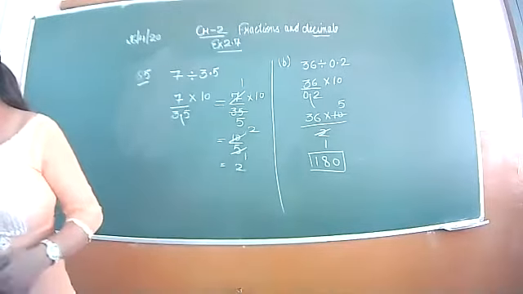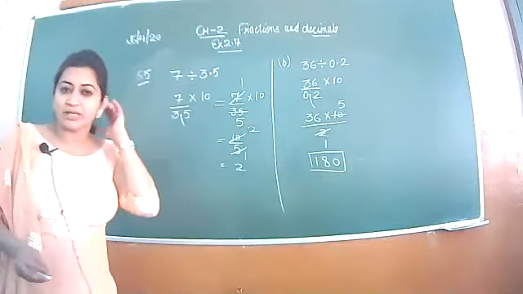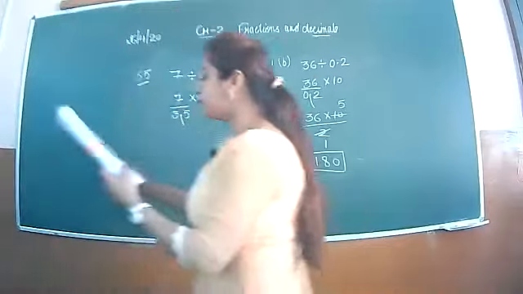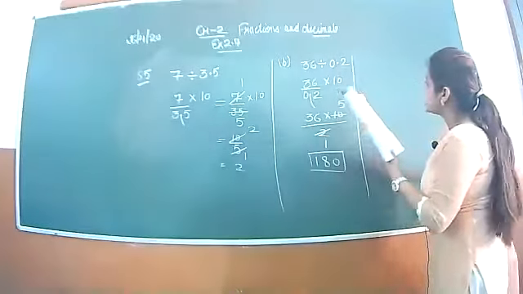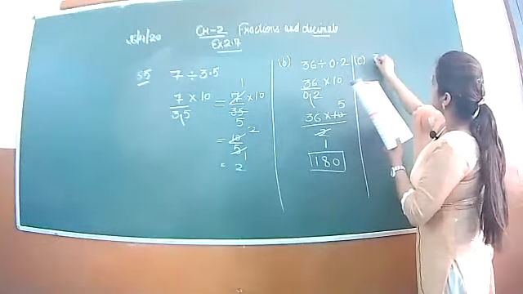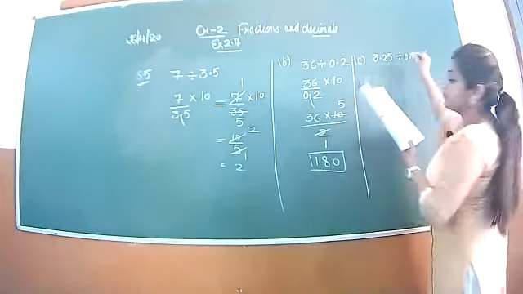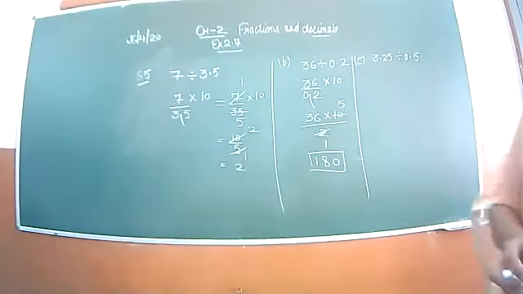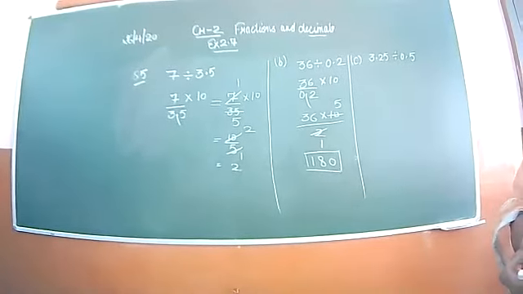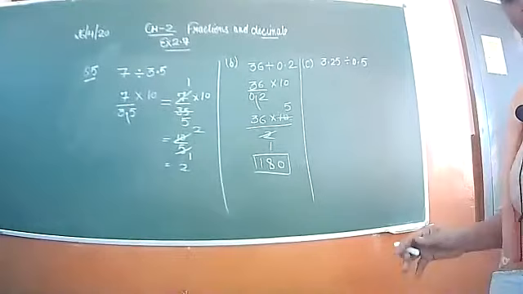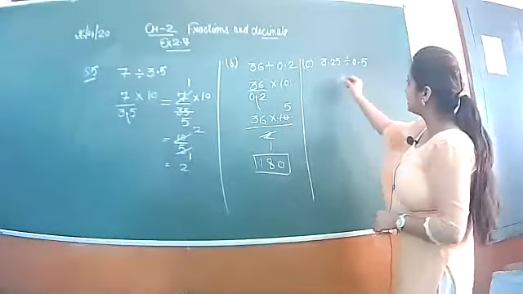Any doubt, beta? Let's discuss another part from this same question. C part, that is 3.25 divided by 0.5. Beta, any problem in the first two parts? Okay, now let's start with this.